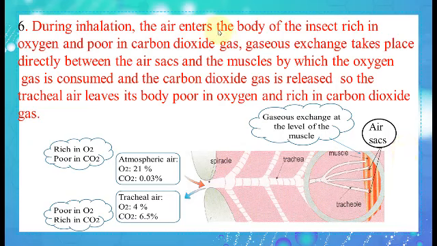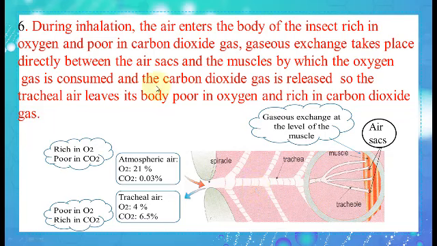And number 6, when we want to explain how the gaseous exchange takes place, we are going to talk about 3 main events. What happens during inhalation, what happens at the level of the muscles where the gaseous exchange takes place, and finally what happens during exhalation.